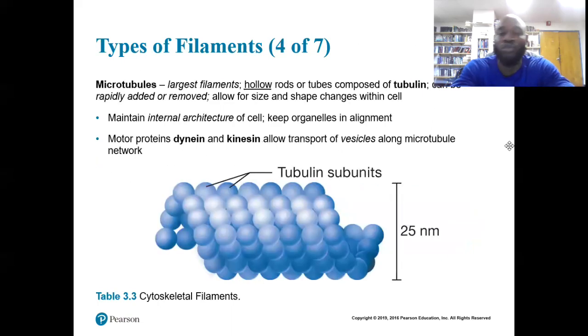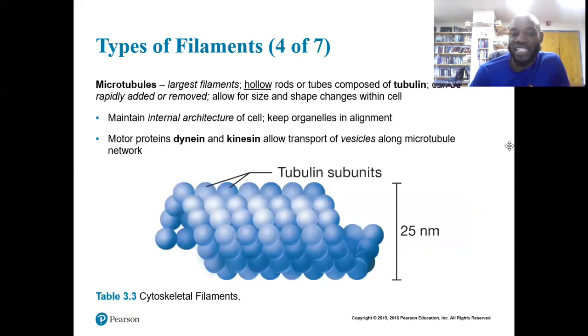And then we have microtubules. That's the largest filament, hollow rods composed of what we call tubulin. They can be rapidly added or removed, allow for size and shape changes within the cell, and help keep organelles in alignment as well, similar to the intermediate filaments.